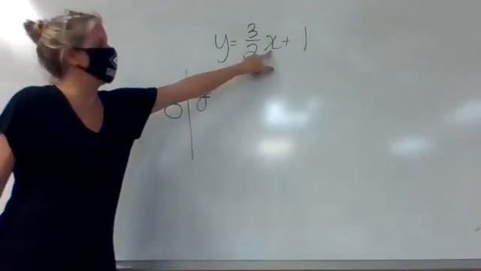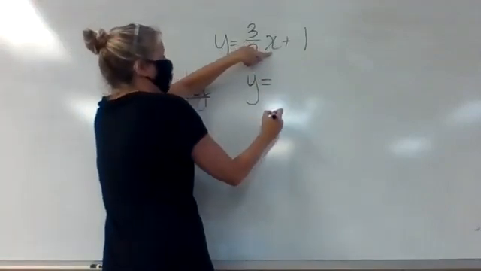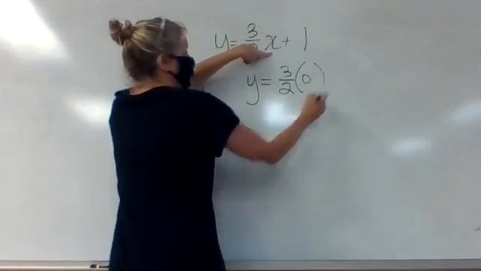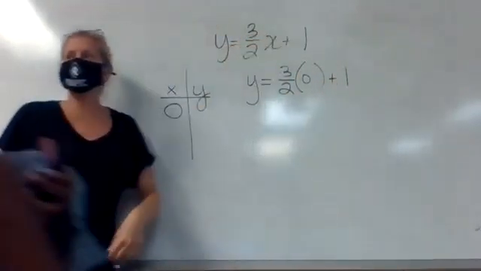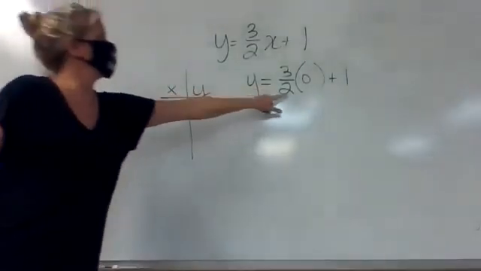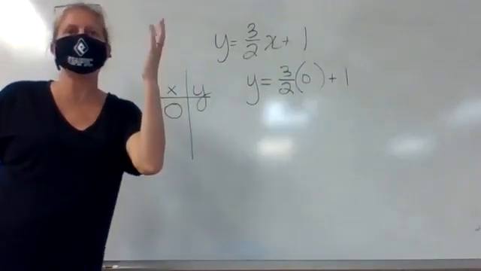So if I replace this x with 0, so I'm dumping the 0 into the machine, I will have y equals 3/2, replace that x with 0, plus 1. The reason that 0 is always nice is because when you multiply with it, it just turns into a 0, right? So that's why it's nice.